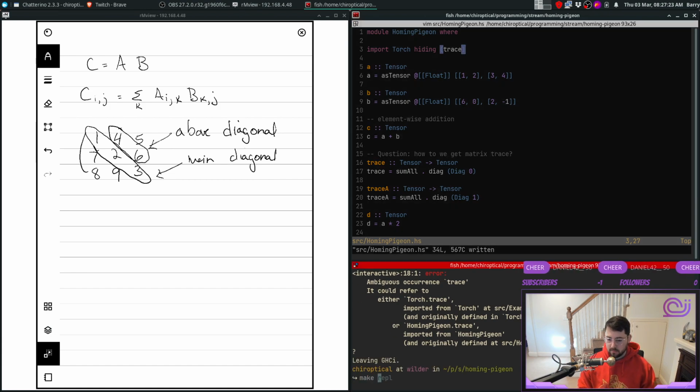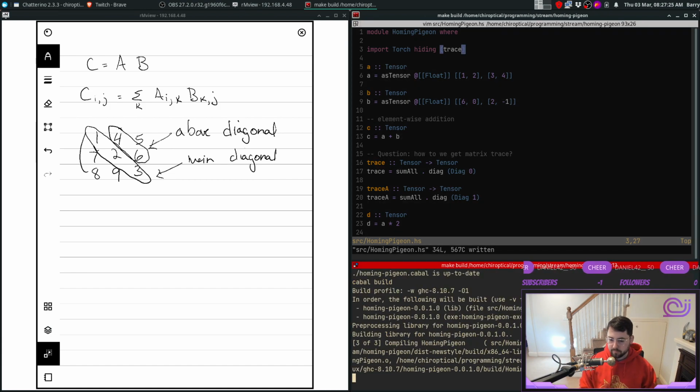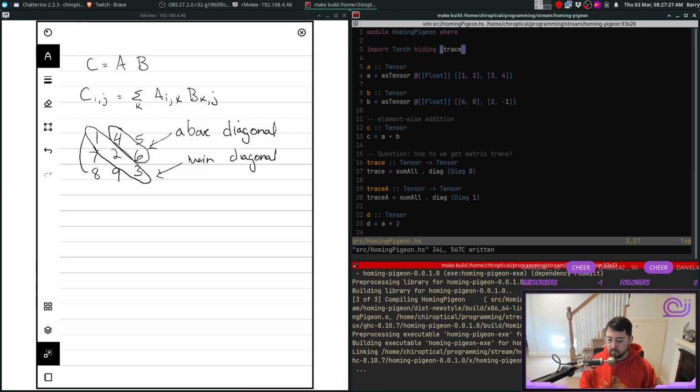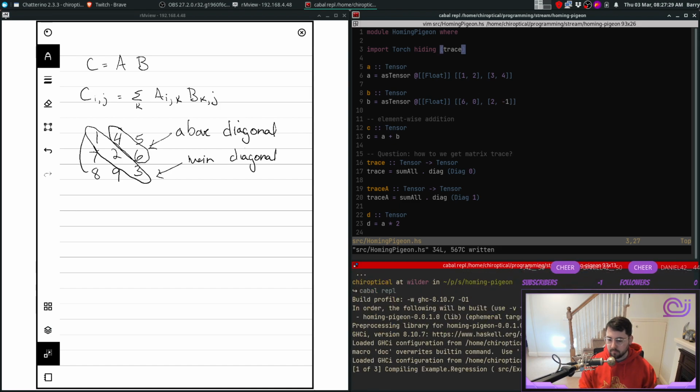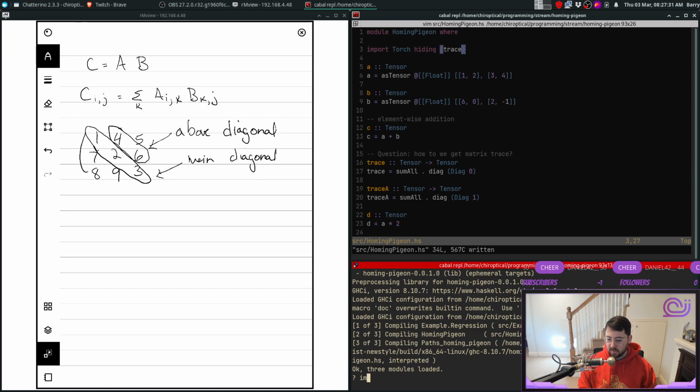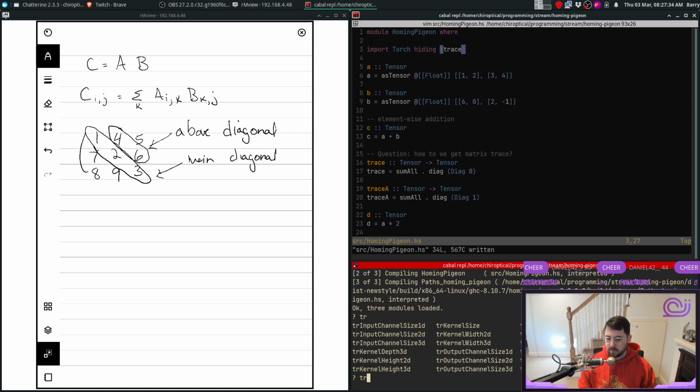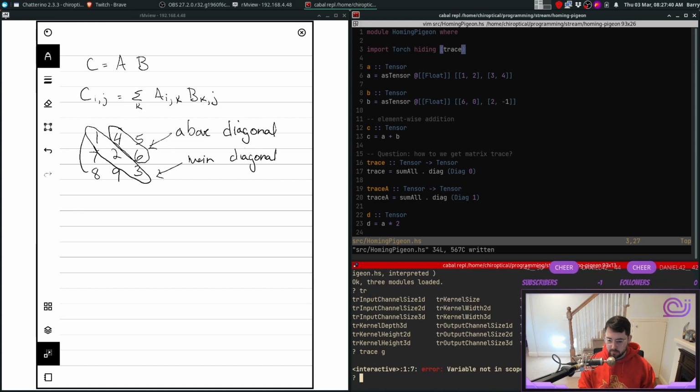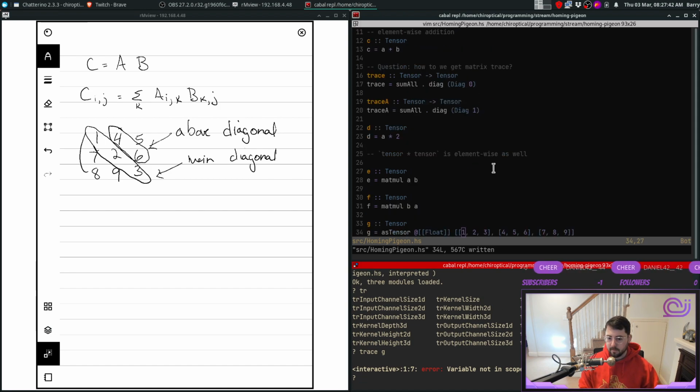Maybe I can't make build. It looks like I already have homing pigeon, so I should have a trace G. Okay, I don't have that. So import homing pigeon.